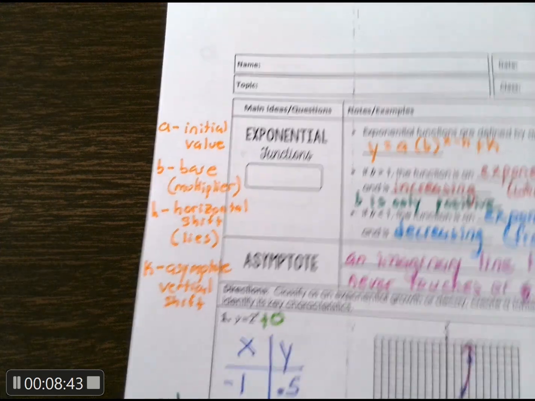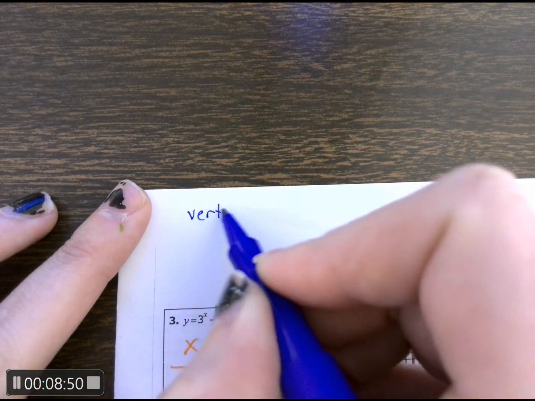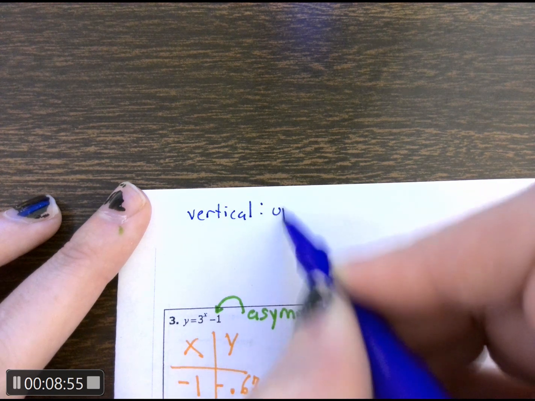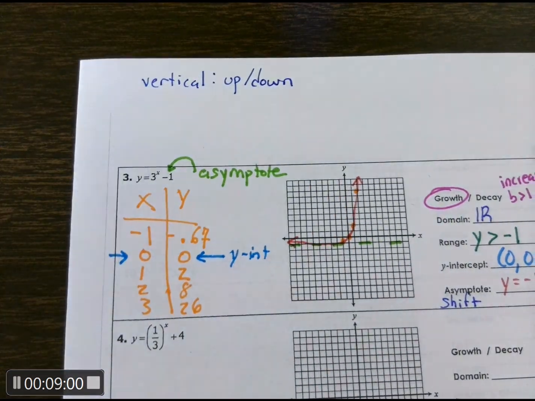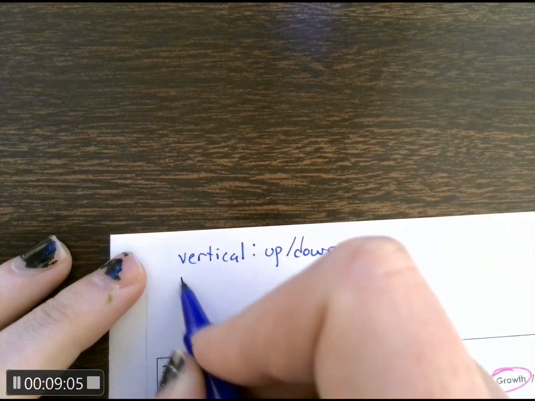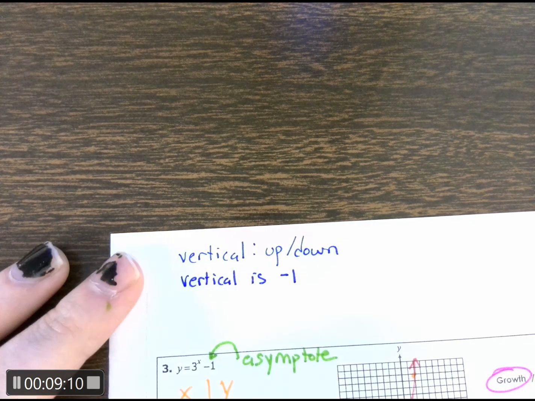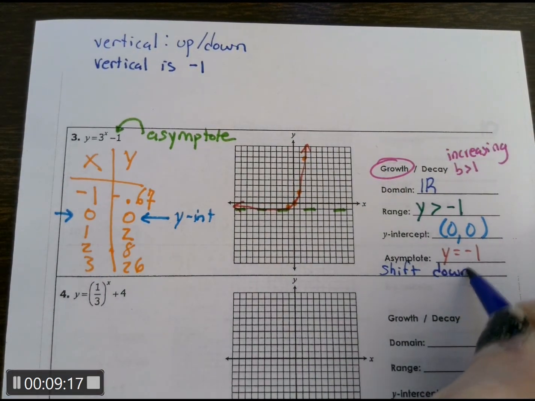So our vertical shift moves things up and down. So vertical means up and down, okay? So if our asymptote is -1, so our vertical shift is -1, then that means that our shift is going to be down 1.